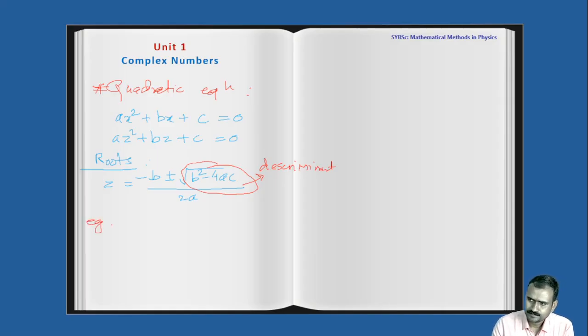Suppose we have the quadratic equation z² - 20z + 15 = 0. We have to find its roots by finding the value of the discriminant.